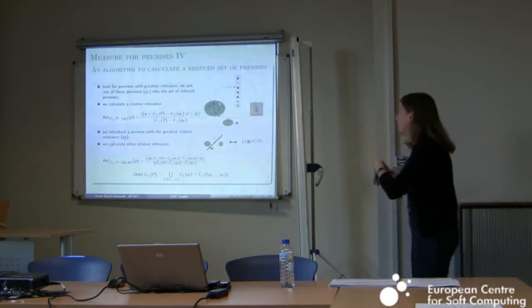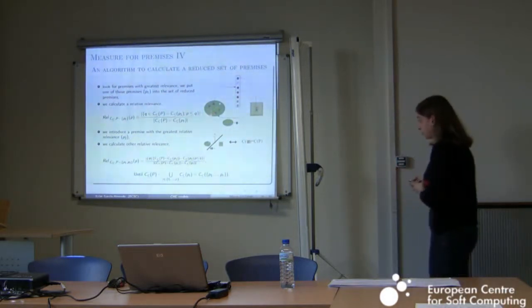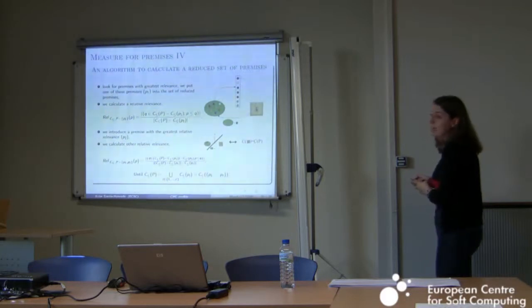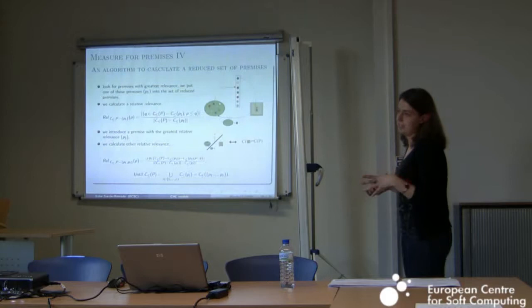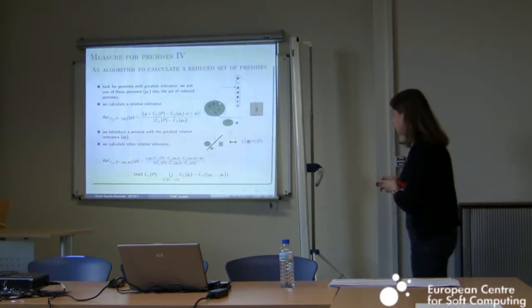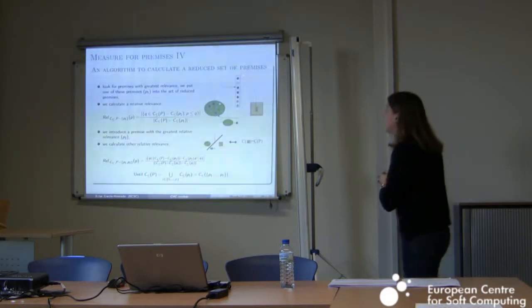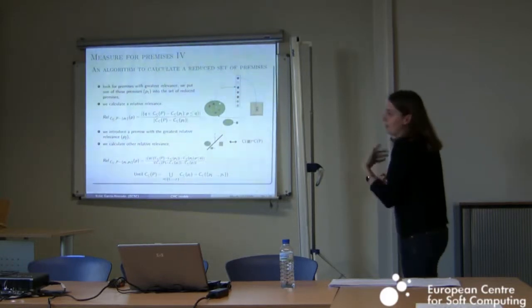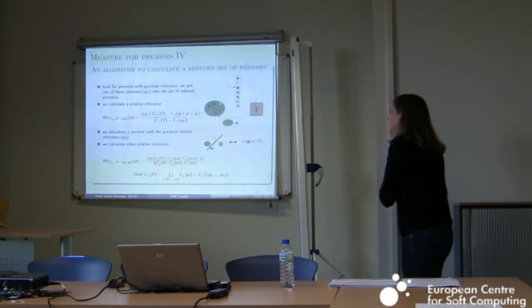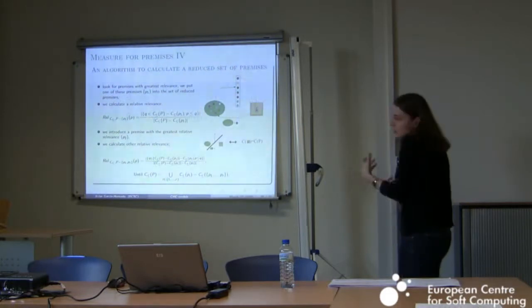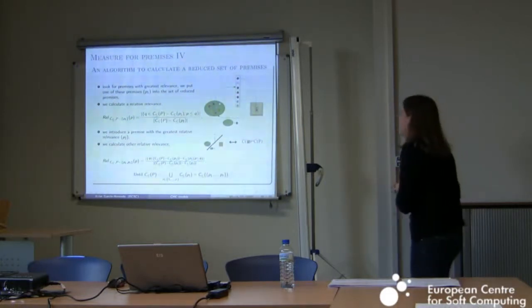Well, first of all, we have a set of premises, and we calculate the relevance for all these premises. So we put them in order. The premise that has biggest support is the premise that explains more consequences. So I select that premise and I put them in the set of reduced consequence.